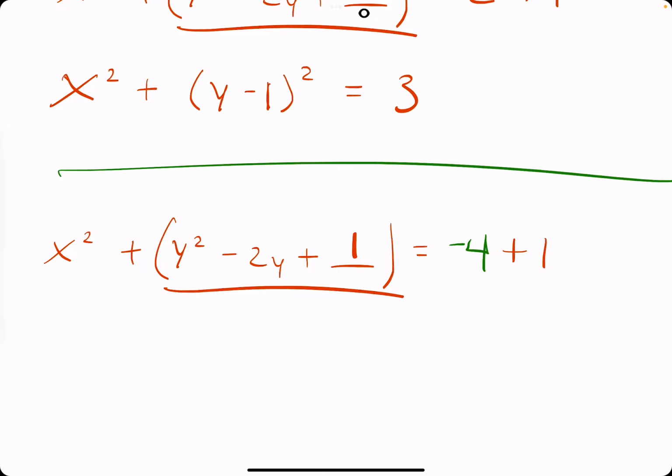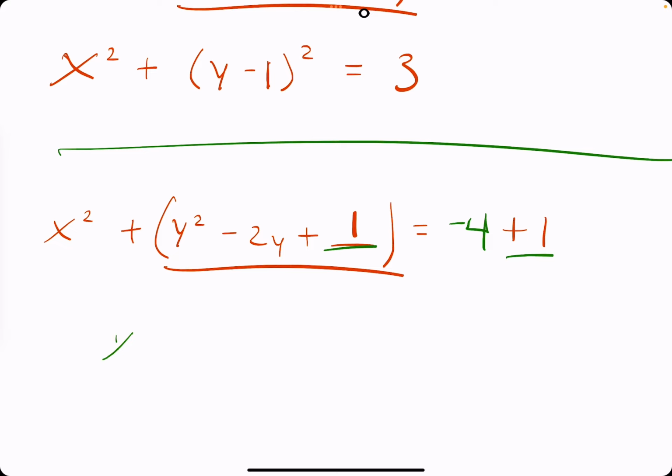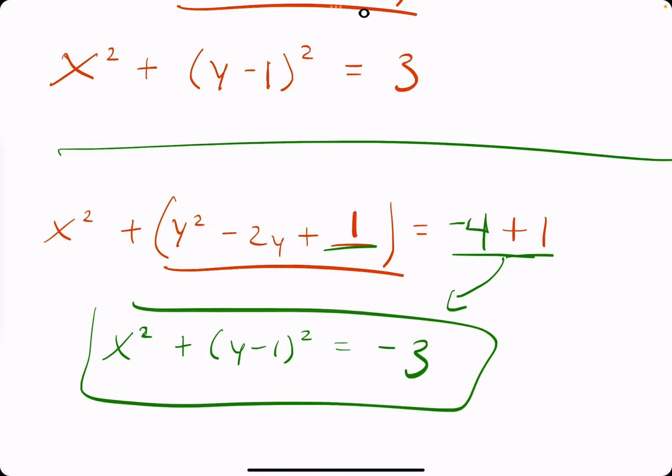Then we still would have completed the square by adding 1 on both sides, and we still would have gotten x² + (y - 1)². But what would we have been left with on the right side? -4 plus 1, which is -3.